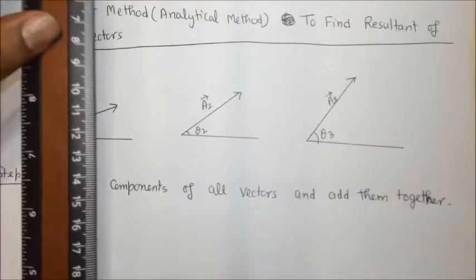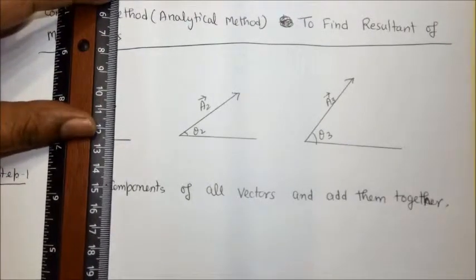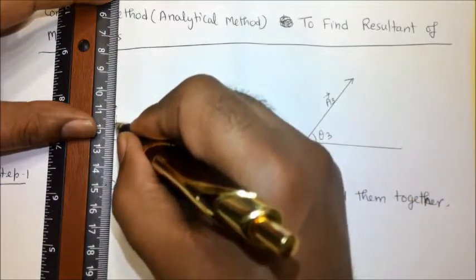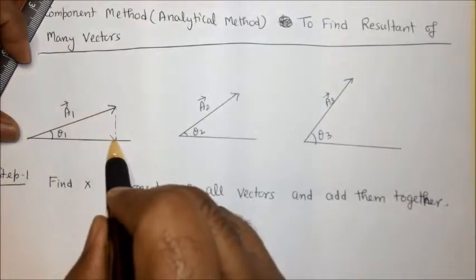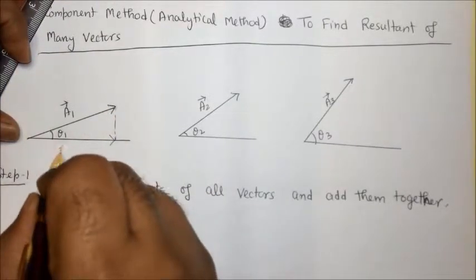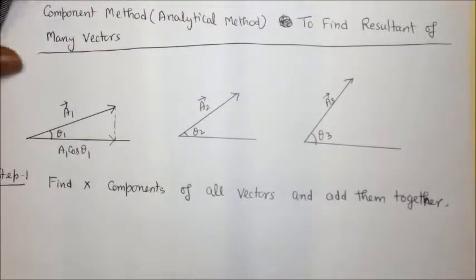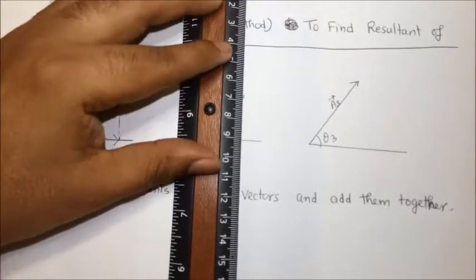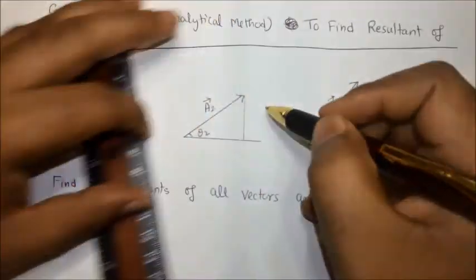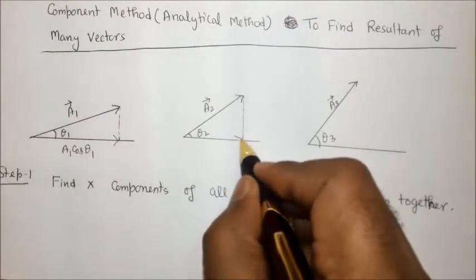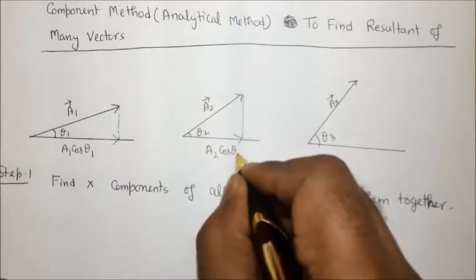So what will be the x component of A1? If you project it on the x-axis, from here to here, this is going to be the x component, A1 cosine theta 1. The x component of A2 is going to be A2 cosine theta 2.